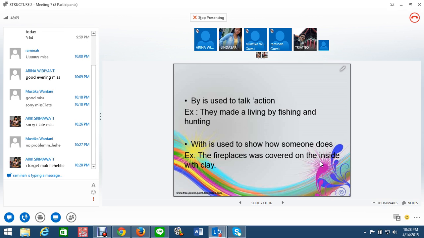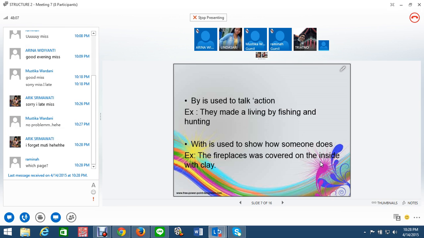Okay, here we can see the example. Let's open page 6.34.